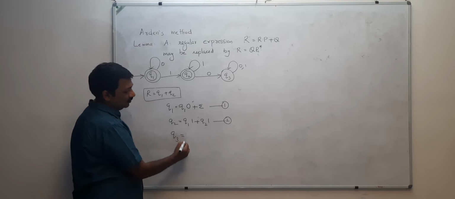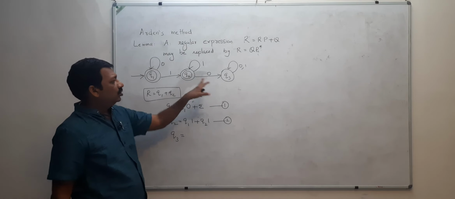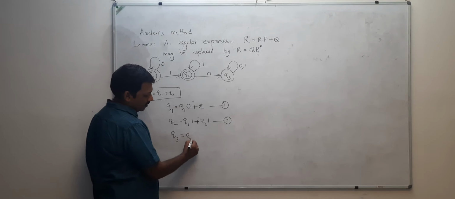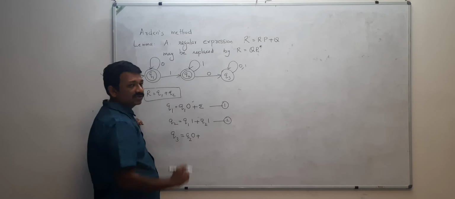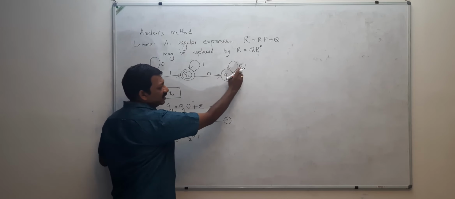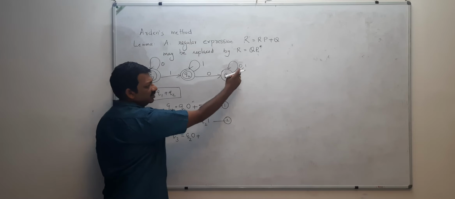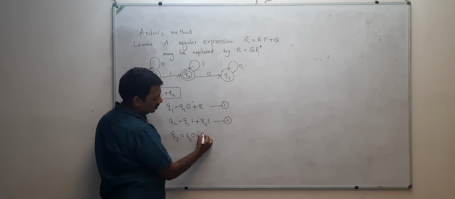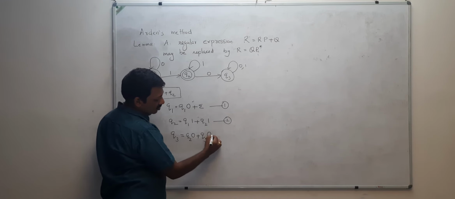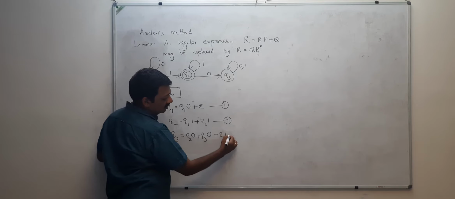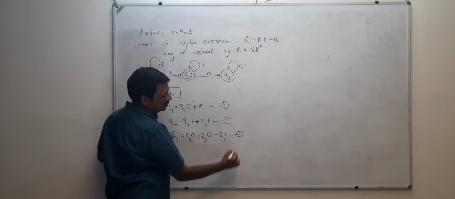Q3 is equal to Q2 on accepting 0. Q2 on accepting 0 reaches Q3. And Q3 on accepting either 0 or 1 reaches the state Q3.